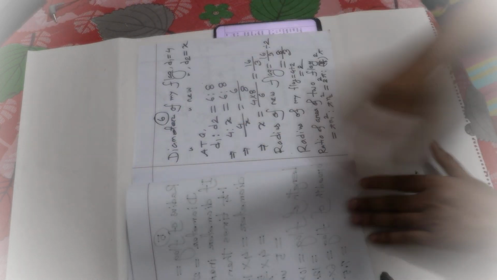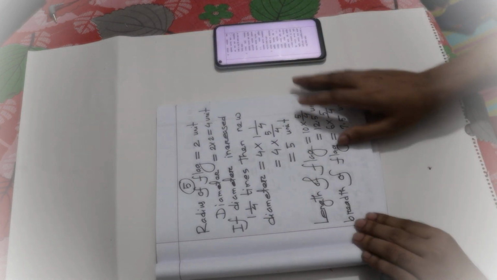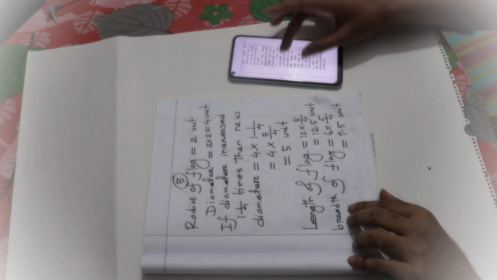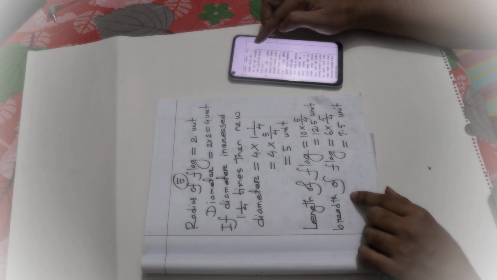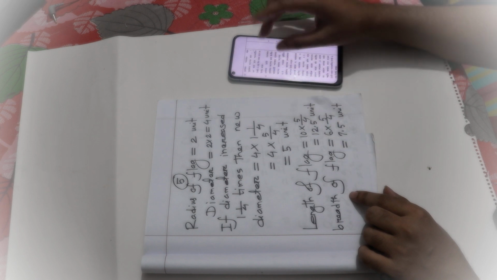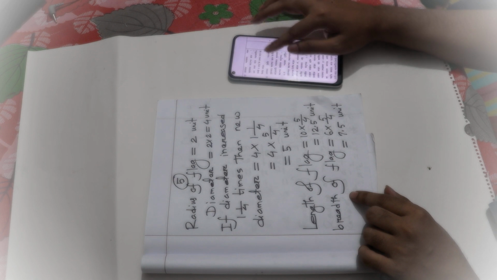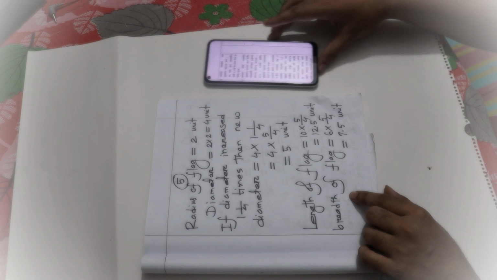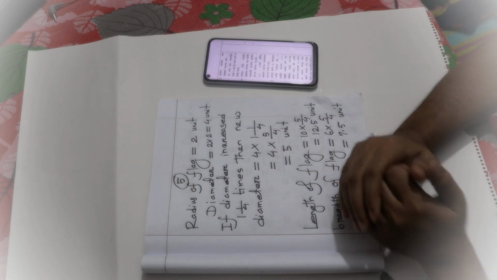Question number 5 is: if the diameter of our circle increases 1 and 1/4 times, what would be the length and breadth of our national flag?